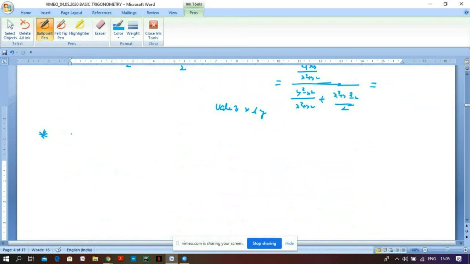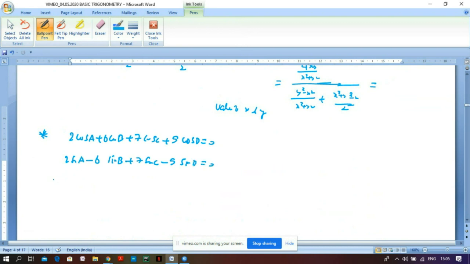Okay, coming to the next one: 2 cos A plus 6 cos B plus 7 cos C plus 9 cos D equal to 0, and also given 2 sine A minus 6 sine B plus 7 sine C minus 9 sine D equals 0.